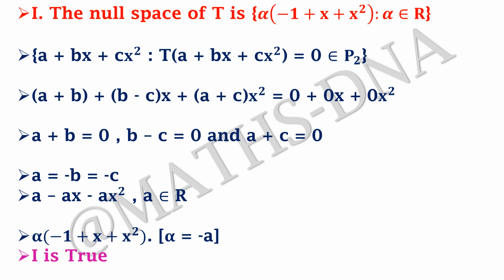Many students make a mistake over here. They see that the common term is A, so the null space should be 1 minus X and minus X square. But according to the option, if you take minus A as common, it is also valid. So the first statement is correct once again.